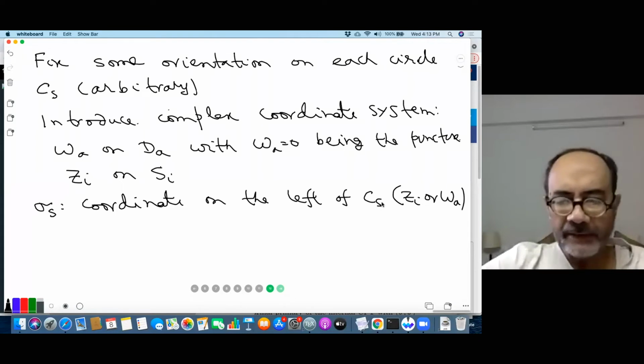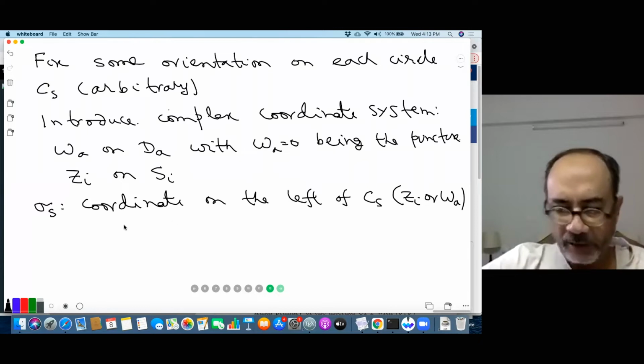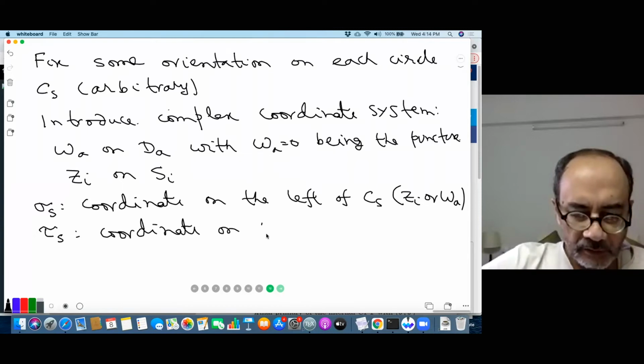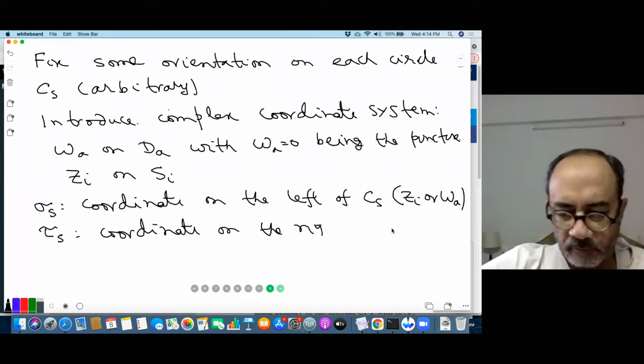Left is well defined because I have already fixed some orientation on CS. The final result doesn't depend on the orientation. And tau s could be the coordinate on the right of CS, which again could be Zi or WA.